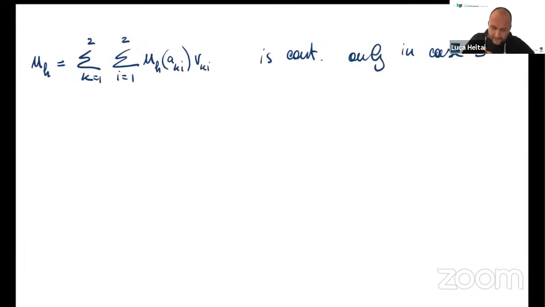And the essential part here is that when I'm doing this summation, what is actually happening in the background is that for k equal 1, so this is T1, and then I have T2. Okay.